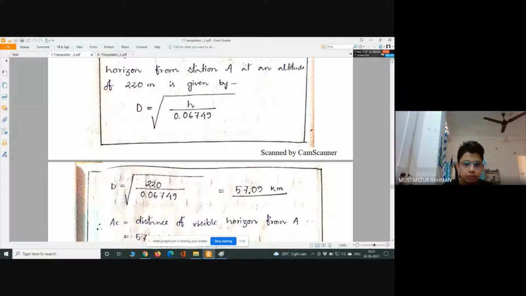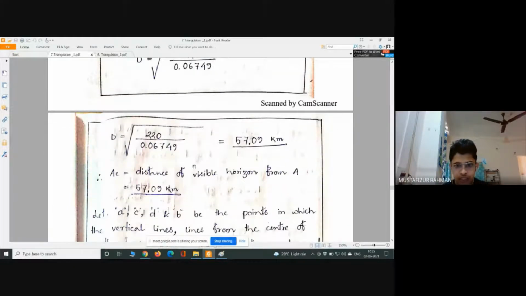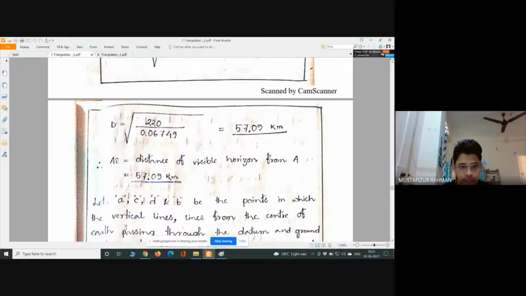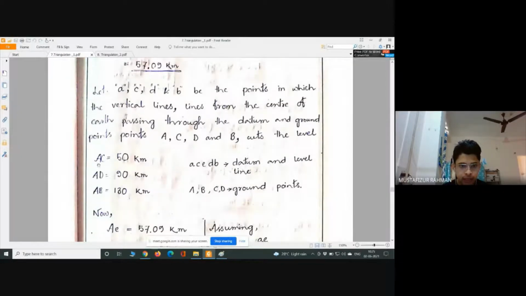At point A, it is 220 meters. So the distance to the horizon becomes 57.09 kilometers. Now we know all the other distances, A to C, A to D, A to B, these are given. So AE, from point A to the horizon, is 57.09 kilometers.